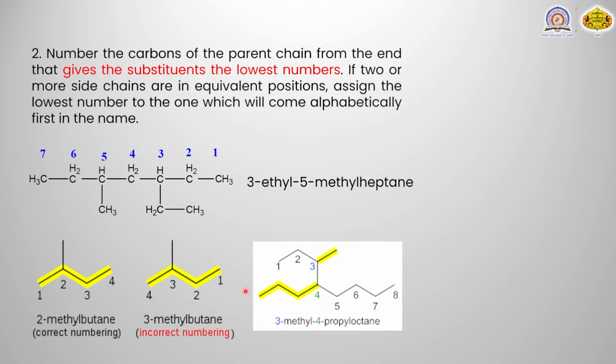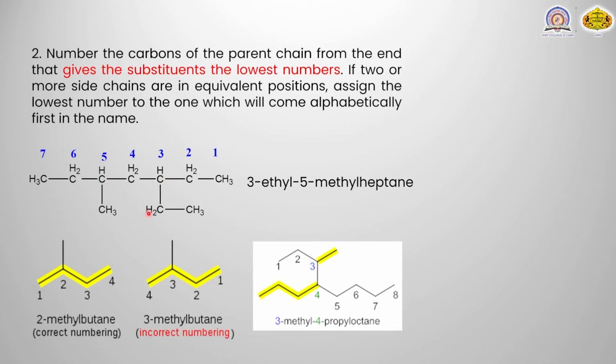Similarly, in order to number the carbon chain, the substituents should get the lower numbers. If the substituents have the same position numbers, for example 1 2 3, and if we give the numbering from the other side, 1 2 3, there are similar kinds of substituents at third and fifth, similarly third and fifth position.